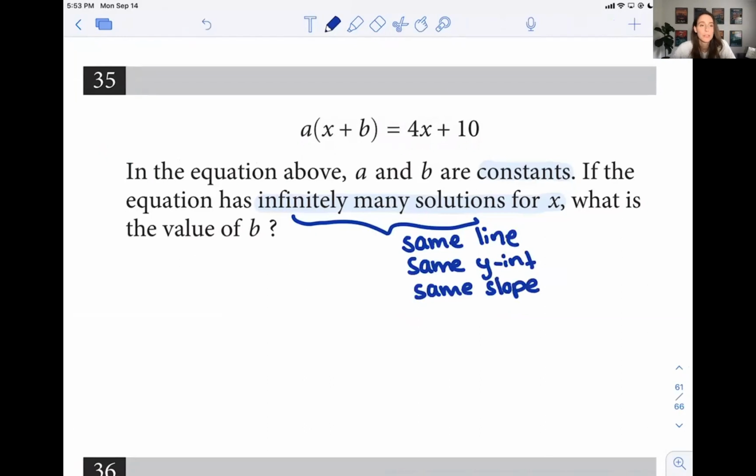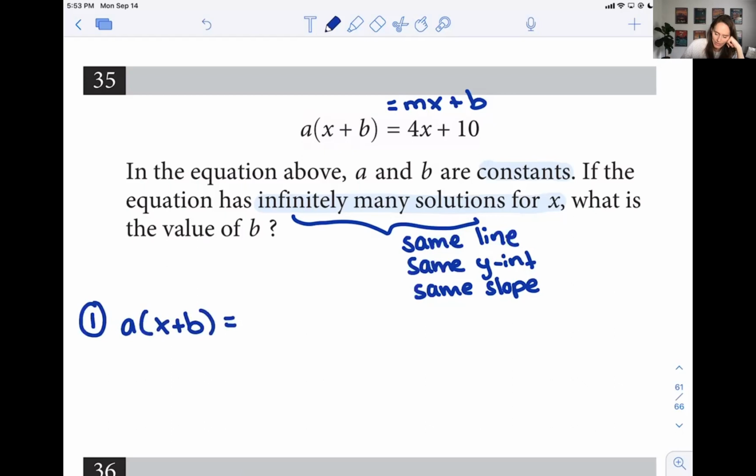And I hope that you recognize that that 4x plus 10 looks an awful lot like mx plus b. So we want to make the two sides of the equal sign look the same. So we could do this one of two ways. Method one would be to just factor that 4x plus 10 to look like the a times x plus b.